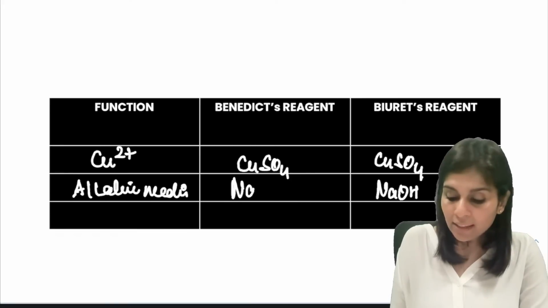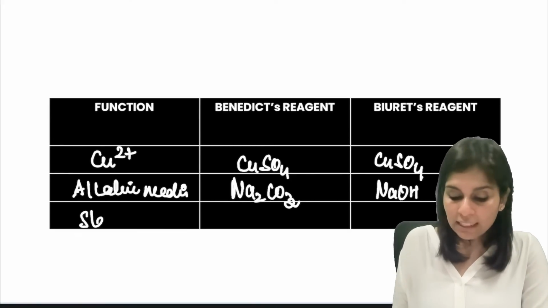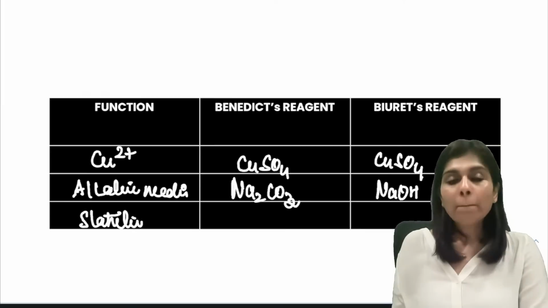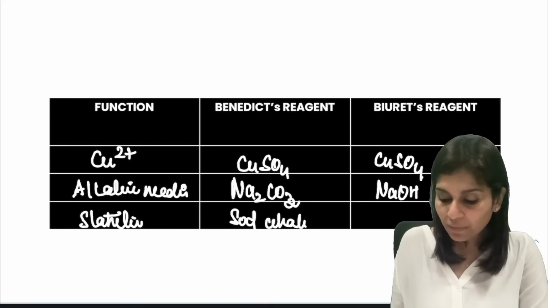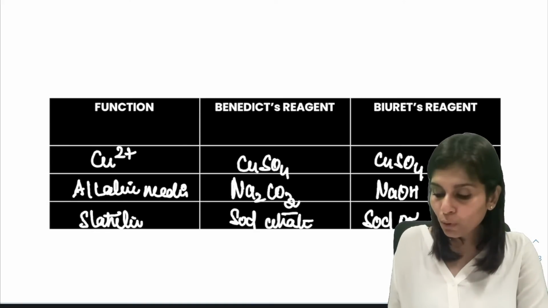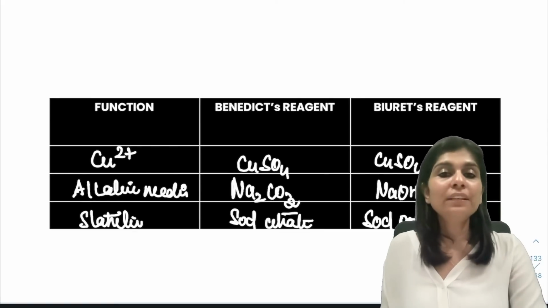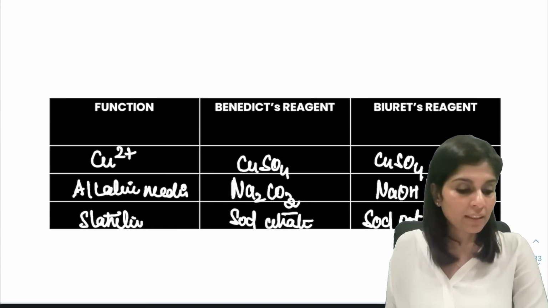Whereas in Benedict's reagent, it is sodium carbonate. Okay. And what stabilizes the solution? Benedict's reagent is stabilized by sodium citrate. Whereas Biuret reagent is stabilized by sodium potassium tartrate. Okay, so these are the differences between Benedict's reagent and Biuret's reagent. Yeah, I'm repeating it.